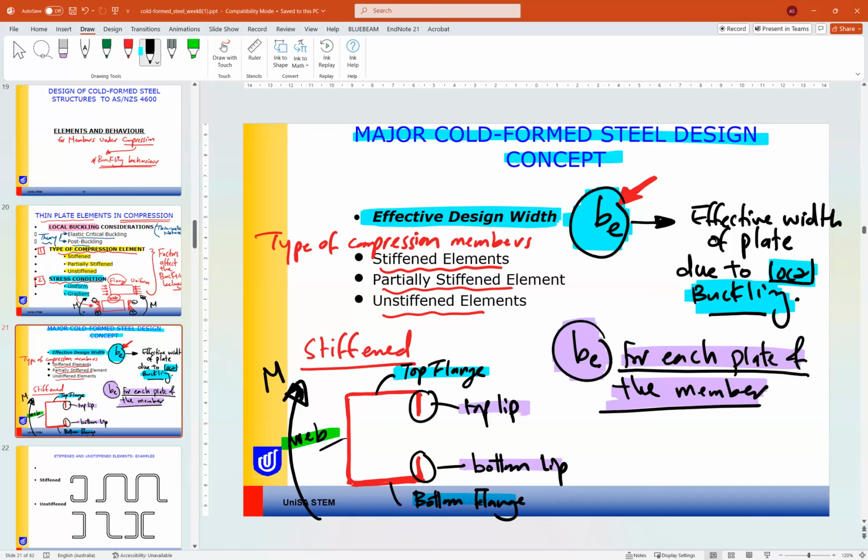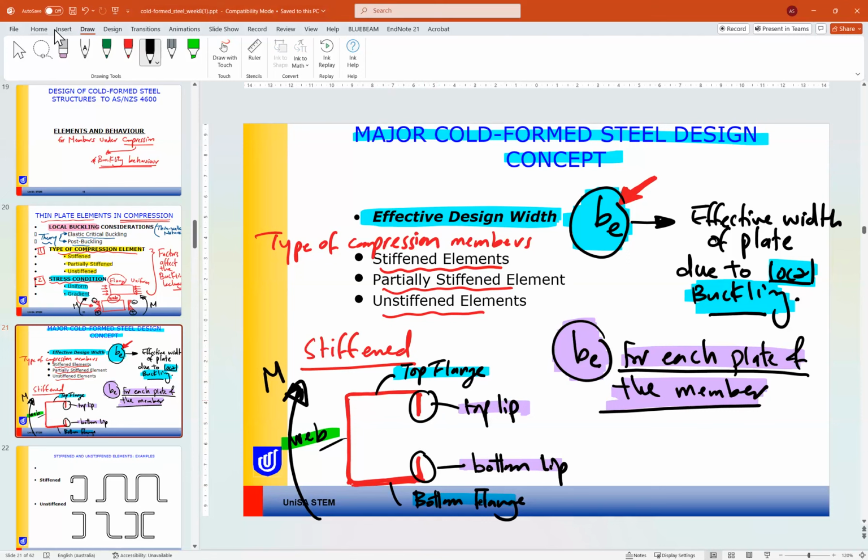No. The buckling behavior for all of them will be different. So that's why we need to know b effective for each plate. And now, which plates are stiffened, which plates are not stiffened in this member?